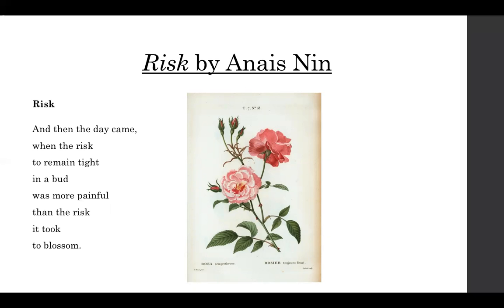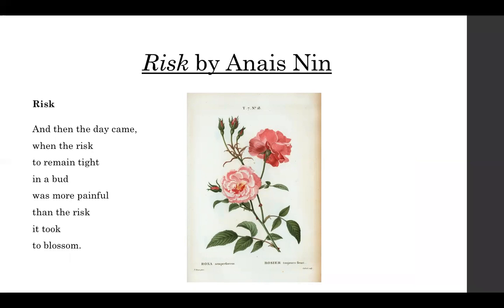Anais Nin is also using metaphor here, but in a very different way to Sandburg. It's still very clear that the bud and the blooming flower is a metaphor, but a metaphor for what or who? It's a bit more ambiguous. I like that this poem begins with the word "and." It indicates that there's a whole story prior to this statement, but there's no way to know the context, so the poem becomes universal.